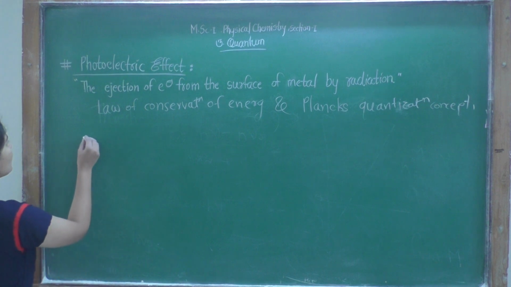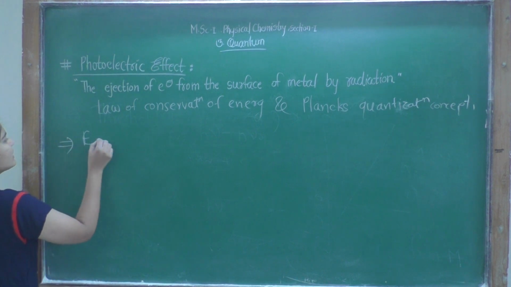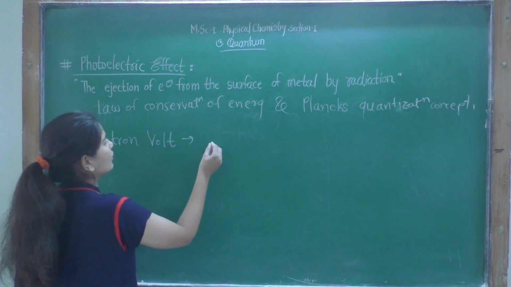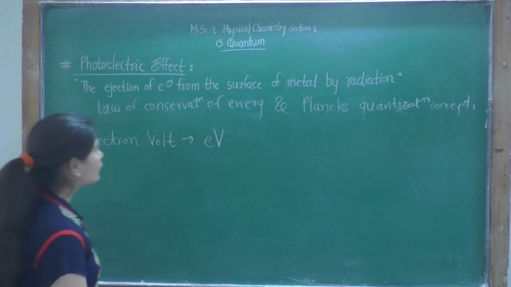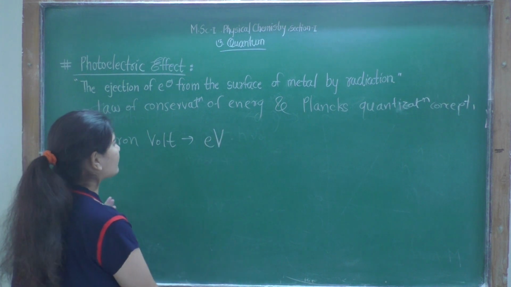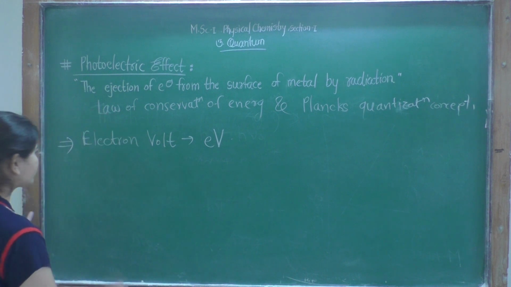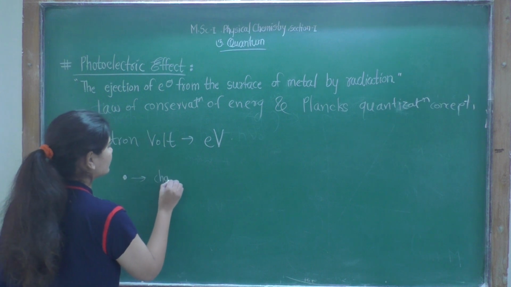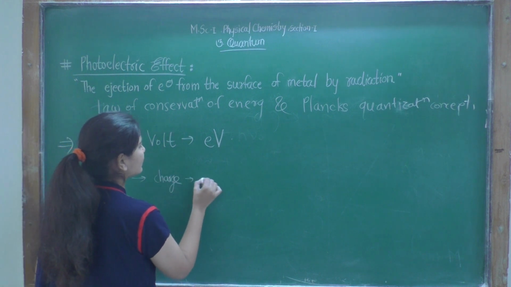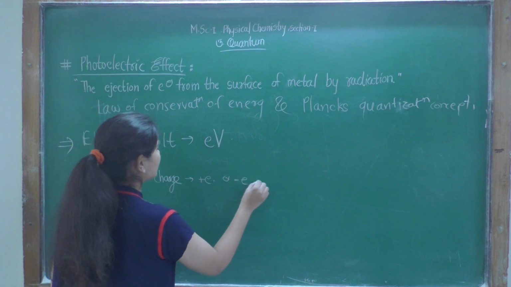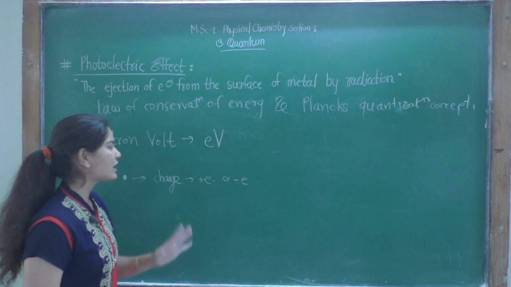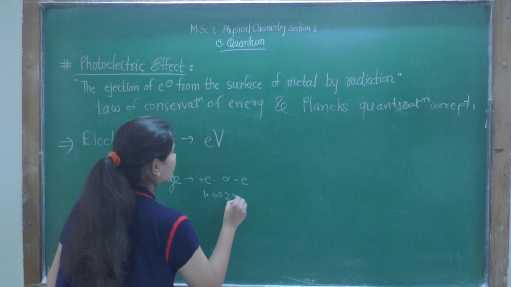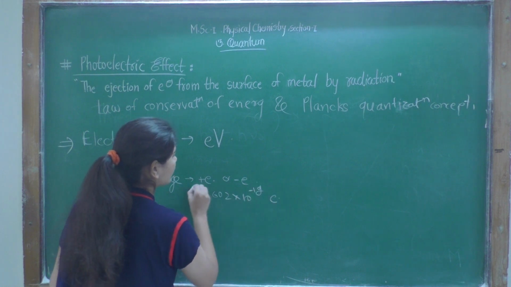Now for problems, the unit electron volt is always there, so we should know the conversion. What is 1 electron volt? If we have a particle that has a charge of either plus e or minus e, that means either the charge of a proton or the charge of an electron, the magnitude is 1.602 into 10 raised to minus 19 coulomb.